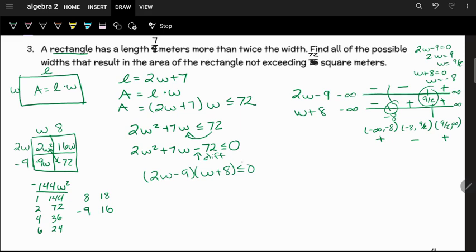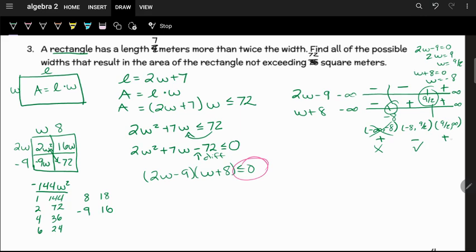Coming back over here, we are looking for less than or equal to. Between negative infinity and negative 8, we have a positive that is not less than or equal to. It is not part of our solution. We don't want it. Between negative 8 and 9 over 2, we have a negative that is less than 0. That is part of our solution. We're going to keep it.